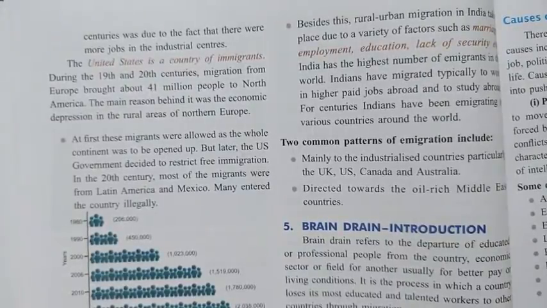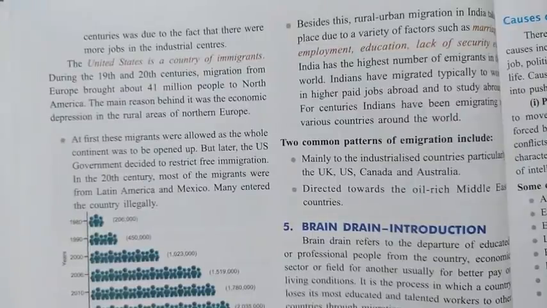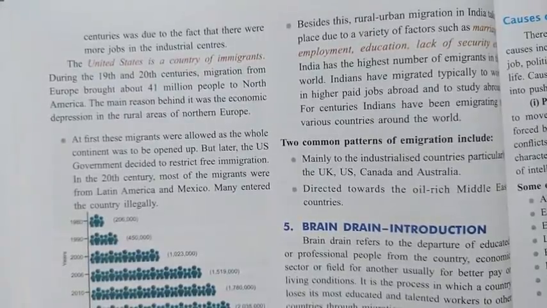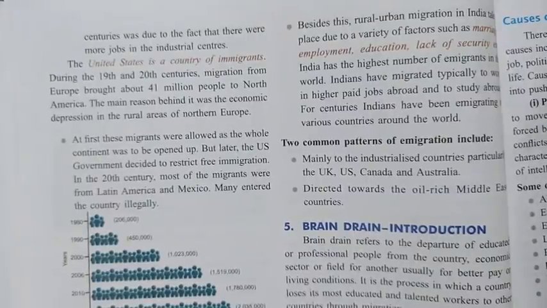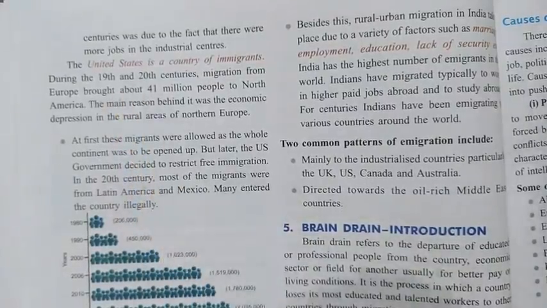Why? Because the whole American continent, both North America and South America, was discovered by Christopher Columbus. After the discovery of these new continents, a large number of people from Europe started migrating there. In the 19th and 20th centuries, large numbers of people from Europe migrated to the United States of America.